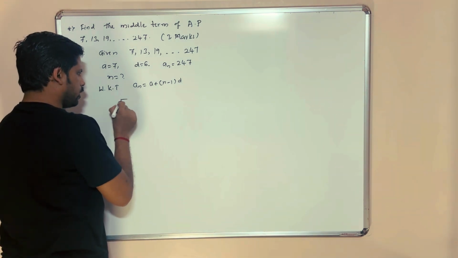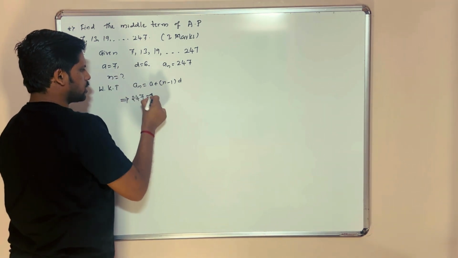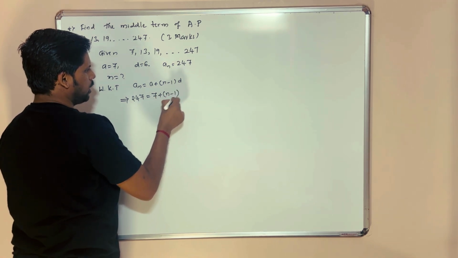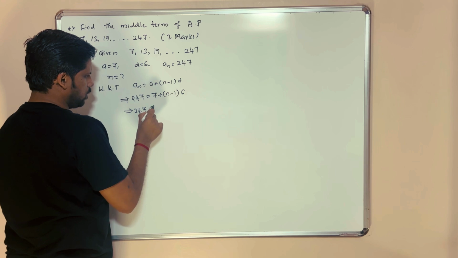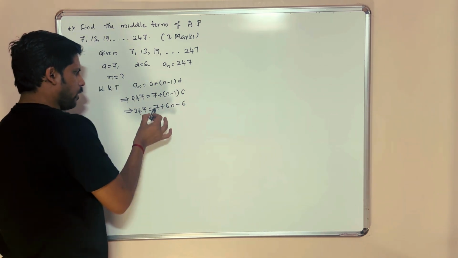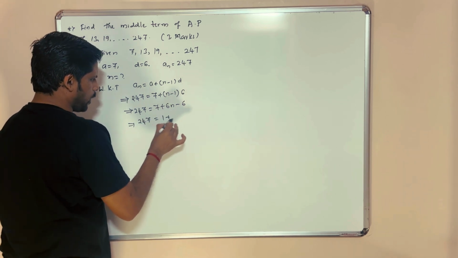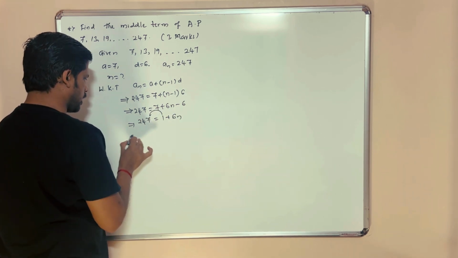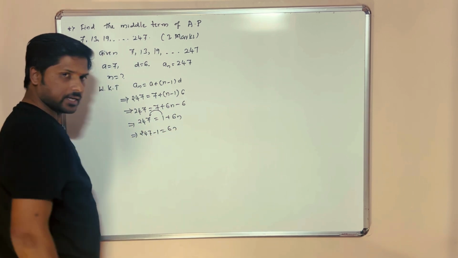Now substitute the given. So an is 247. What is a here? 7 plus n minus 1, we have to find. d is 6. 247 equals 7 plus 6n minus 6. 7 plus minus 6 is 1. So 247 is equal to 1 plus 6n. Now transfer this one to this side. 247 minus 1 is equal to 6n.